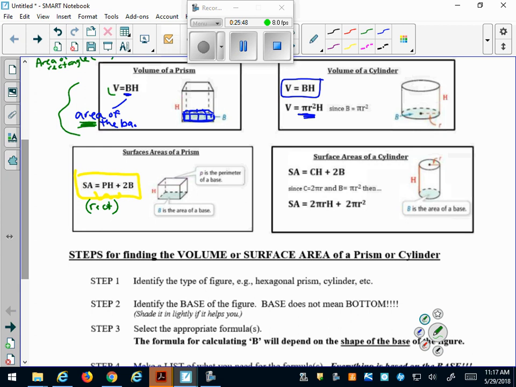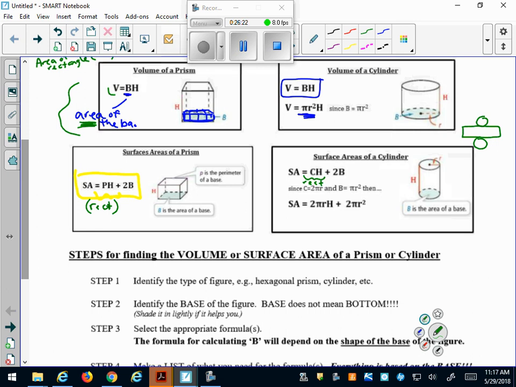Okay, now with a cylinder, it might surprise you, but when you unwrap a cylinder and draw the net of a cylinder, is there still a rectangle there? Yep. So there's one rectangle and two circles if I draw the net of a cylinder like this. So we still need the area of the rectangle, that's this, and then the area of the two circles, the two bases.